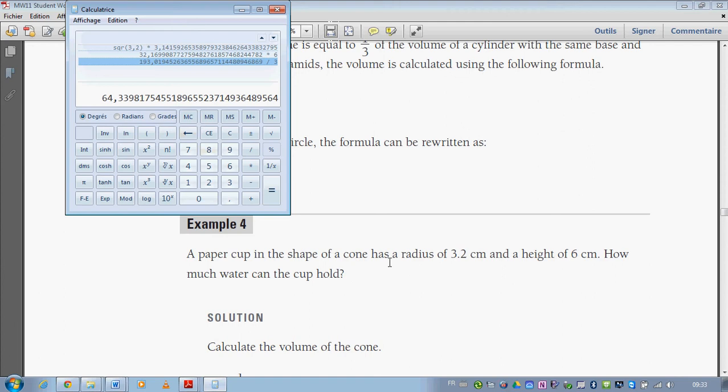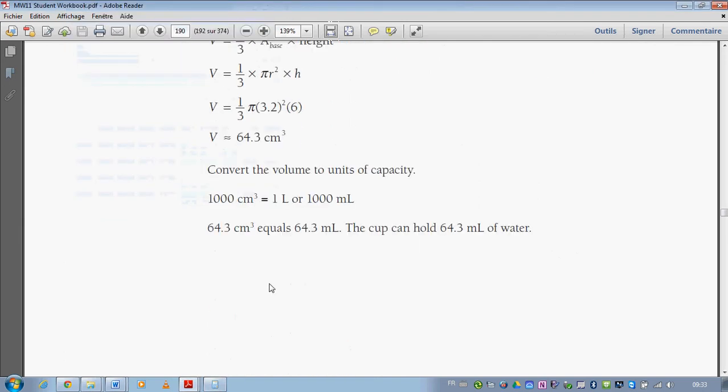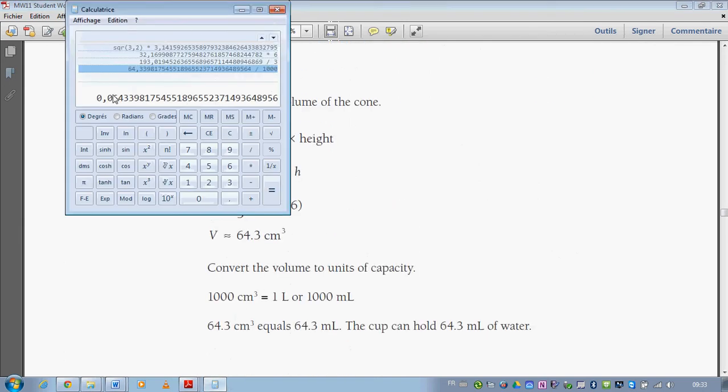And then if it's asking for the capacity, just a reminder that 1,000 centimeters cubed is 1 liter. Therefore, how many liters is this? So I'm going to take that and divide it by 1,000, and that gives me this answer right here.